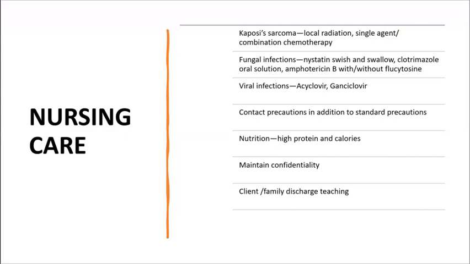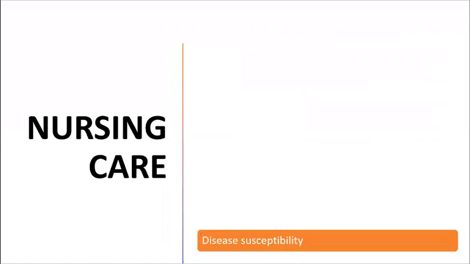They should avoid crowds. And also as part of preventive measures, you want to teach them to avoid IV drug use, no needle sharing, precautions regarding sexual patterns, so sex education, use of condoms, avoiding multiple partners. And again, you want to use standard precautions.